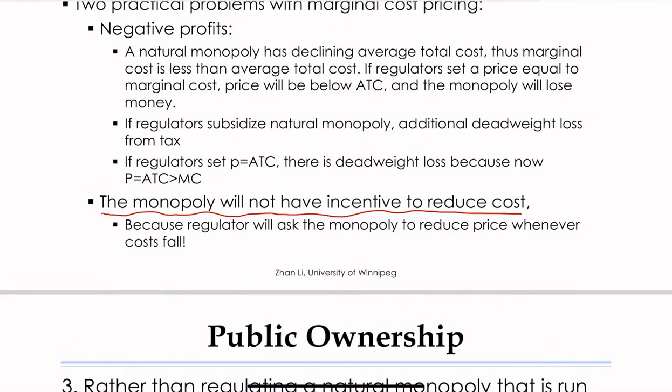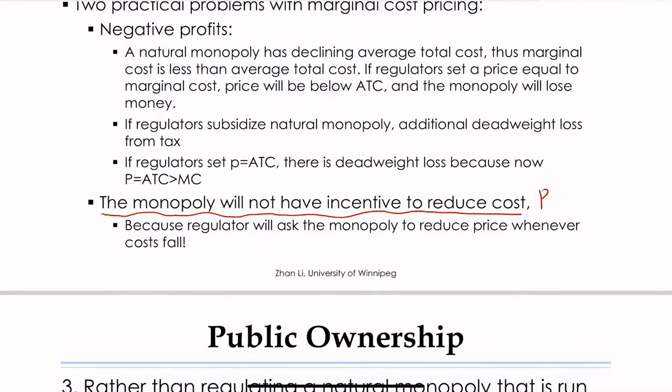If the government tells the firm to always set price equal to marginal cost, it means if the firm reduces the marginal cost, then the price it can charge also reduces. So basically, the monopoly will not want to reduce its cost because it implies its profit, because it implies its price will also be reduced.